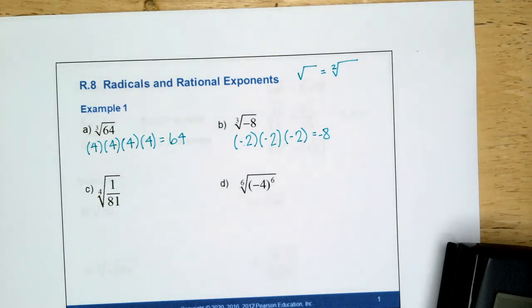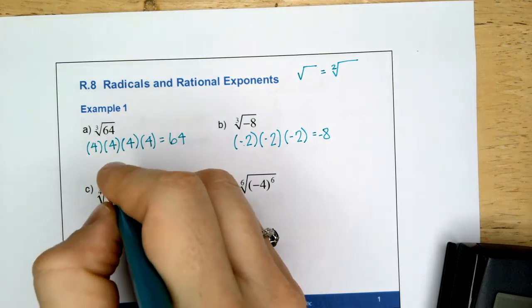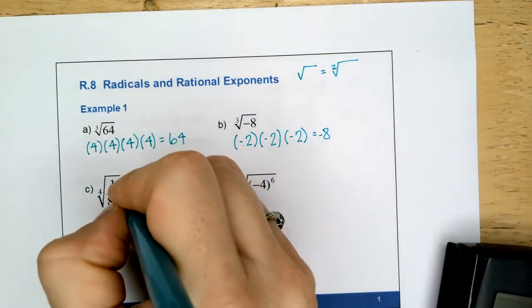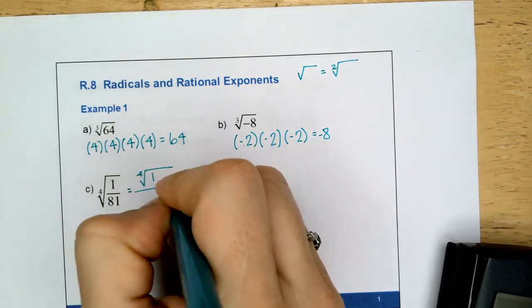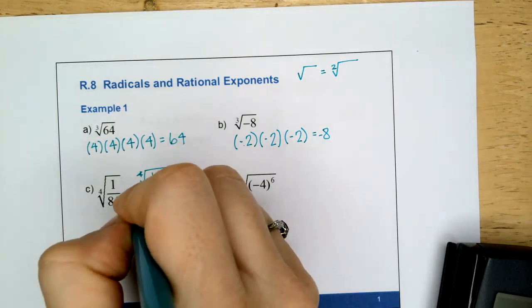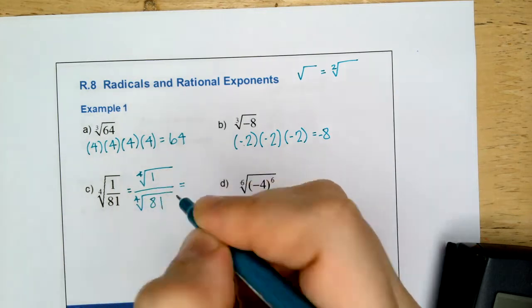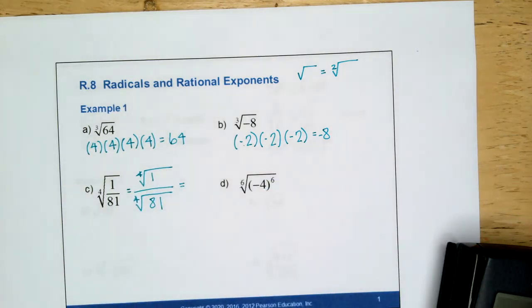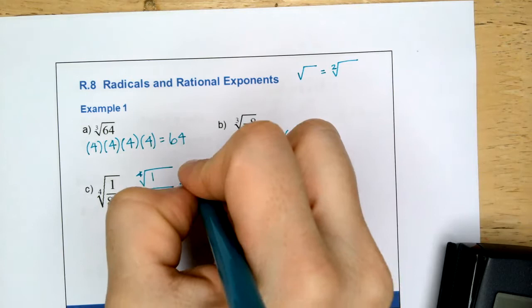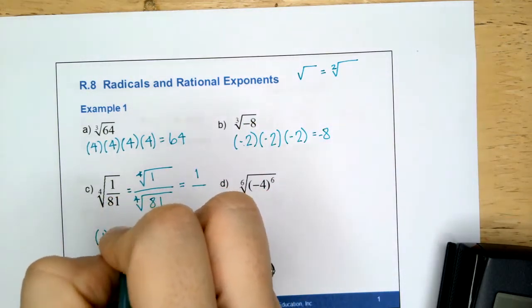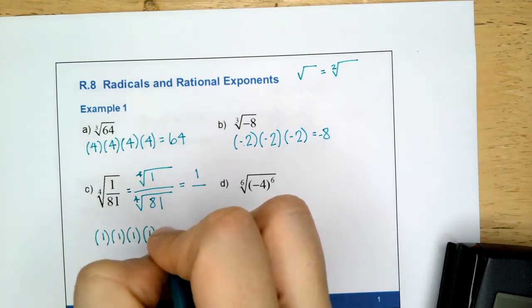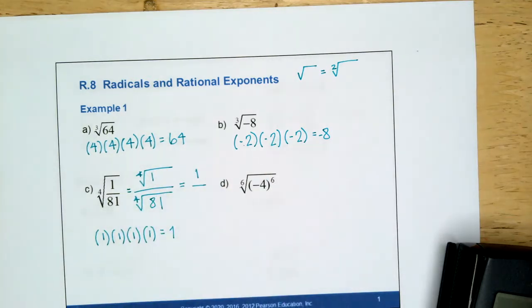All right, for C, we have the 4th root of 1 over 81. I like to change these to the 4th root of 1 over the 4th root of 81. What multiplied by itself 4 times will give us 1? It's 1, right? 1 times 1 times 1 times 1 gives me 1. So the 4th root of 1 is 1.